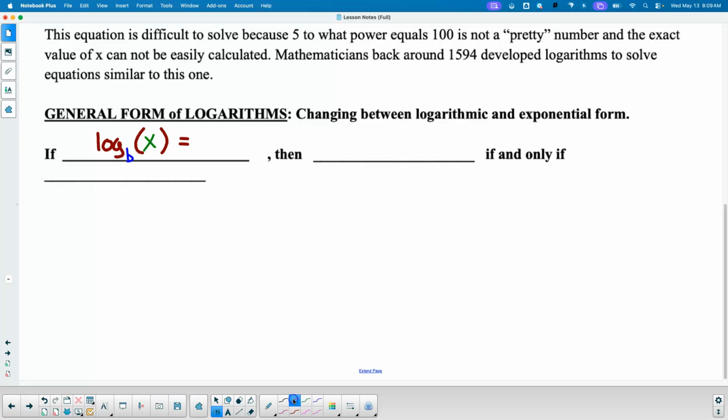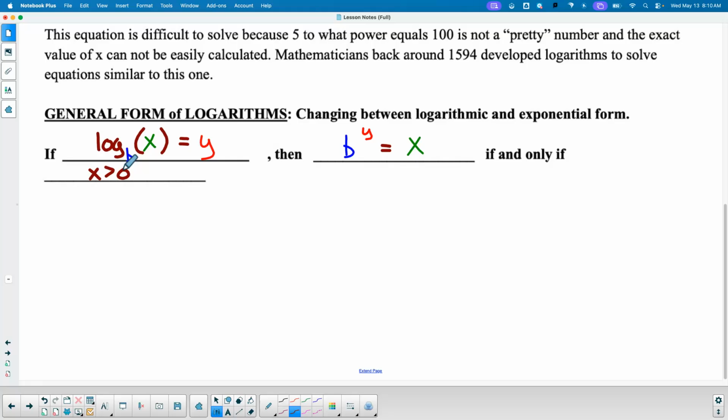Log base b of x is equal to y, then b to the y power is equal to x, if and only if x is greater than 0.